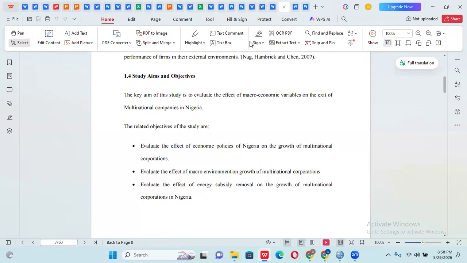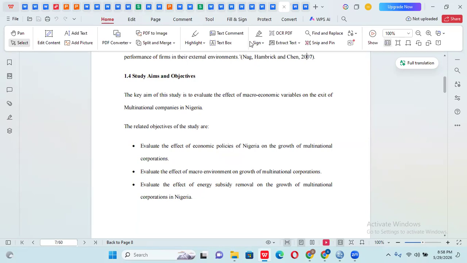The question is, you look at the objective. Do you think we can use questionnaire to analyze this objective? No, we cannot. How do you want to measure economic policy? Who are the people that you want to ask the question? Who are your respondents that will be telling you the process of economic policy? You can't find.